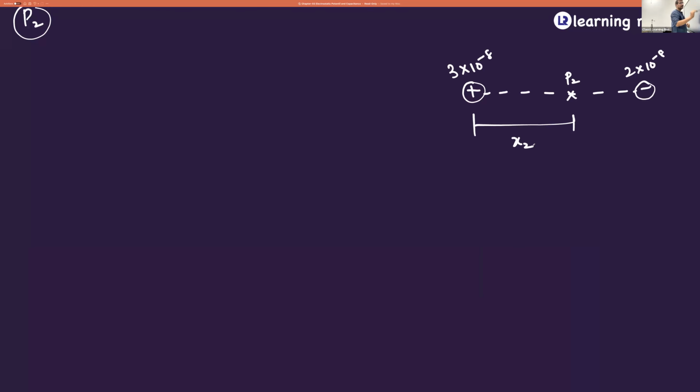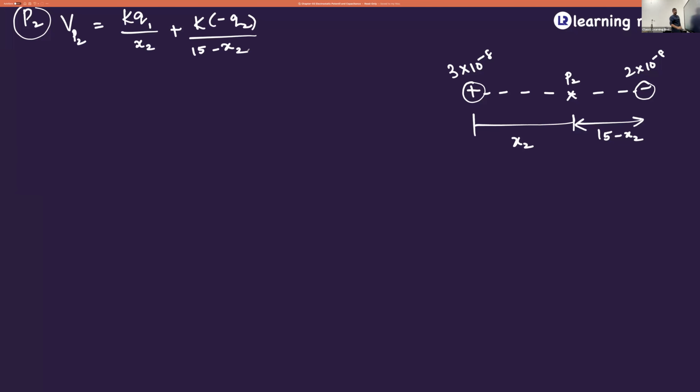Then this distance will be 15 minus x2. So at P2, Vp2 is equal to K Q1 divided by x2 plus K into minus Q2 divided by 15 minus x2. Am I right? The sum of these two values put together should give me a 0.